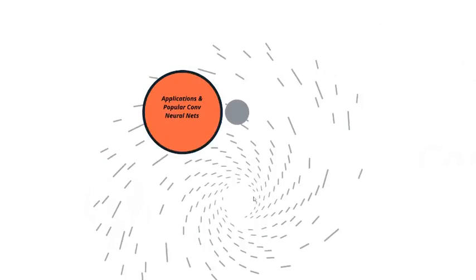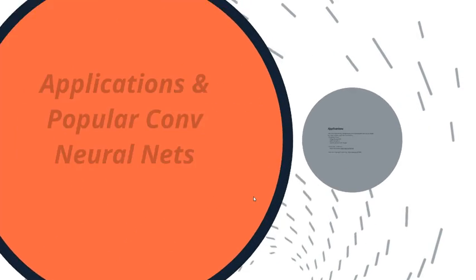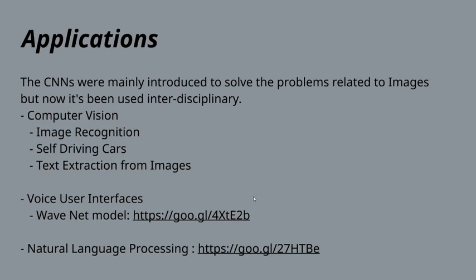Now let's move on to the applications and popular convolutional neural networks. What are the applications? Convolutional neural networks were mainly introduced for solving image-related problems, like image recognition, self-driving cars, and text extraction from images.